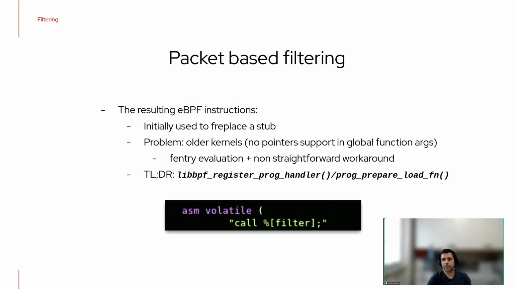And again, we were on the path of simplifying, as extending those types could be problematic. We eventually opted to dynamically inline the filter, registering program handlers. Basically, programs have an invalid placeholder call, and that instruction is used to determine where the filter has to be written during load.